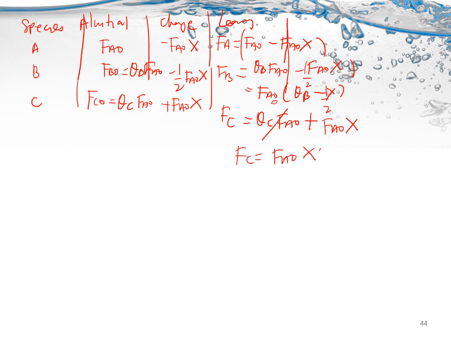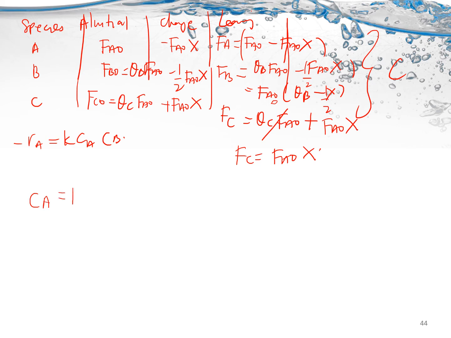Now you only need to expand A and B, because the question asks you to write the rate of reaction, which is negative rA equal to k CA CB. So you have to convert this into concentration.